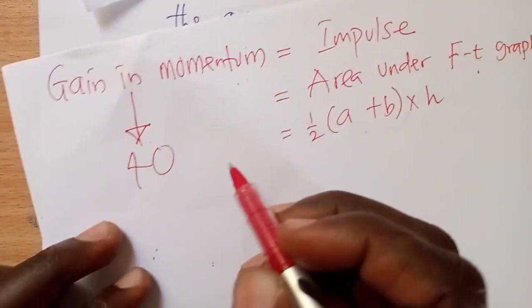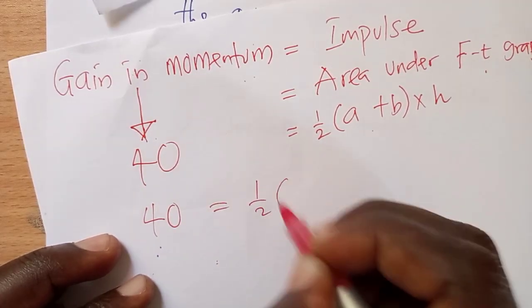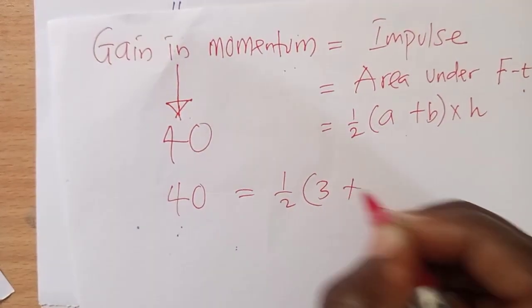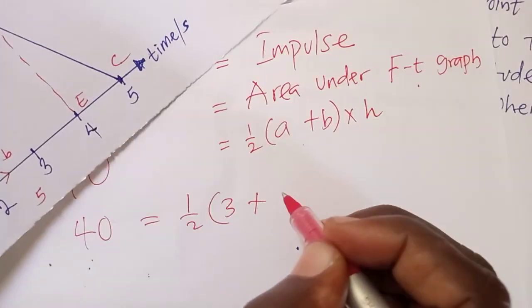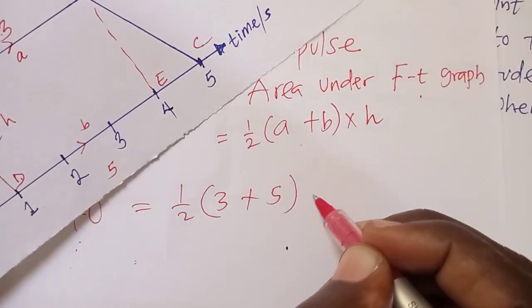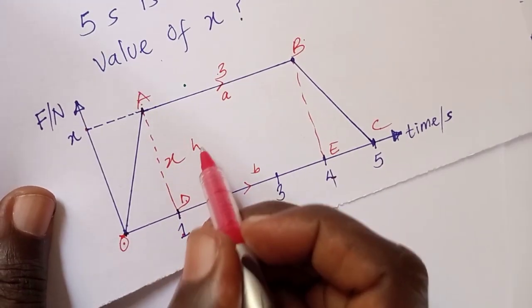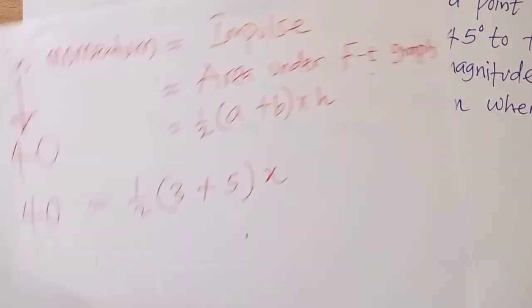So now I can make substitution. 40 is equal to half into, my A is 3, so I write 3 here, plus my B is 5, so I write 5 here, then multiplied by x, because my h is x, I don't know it.